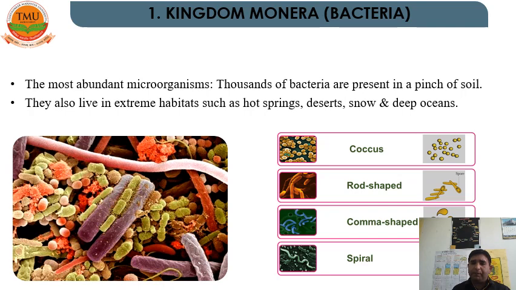There are many types of bacteria. Some are round shaped, known as cocci. Some are rod shaped. Some are comma shaped. Some are spiral. And in this picture, you can see many types of bacteria living together in a microbial community.